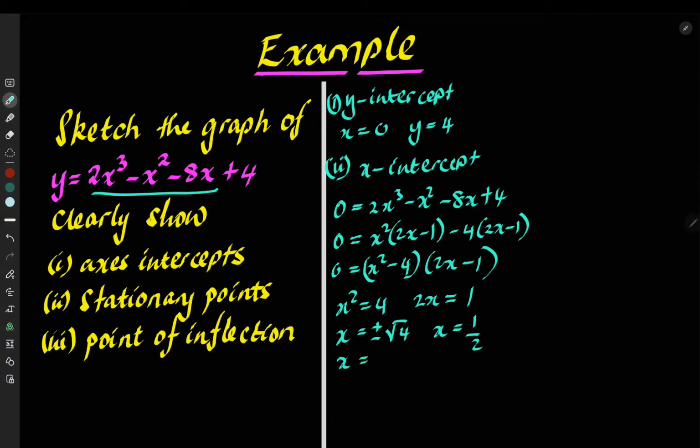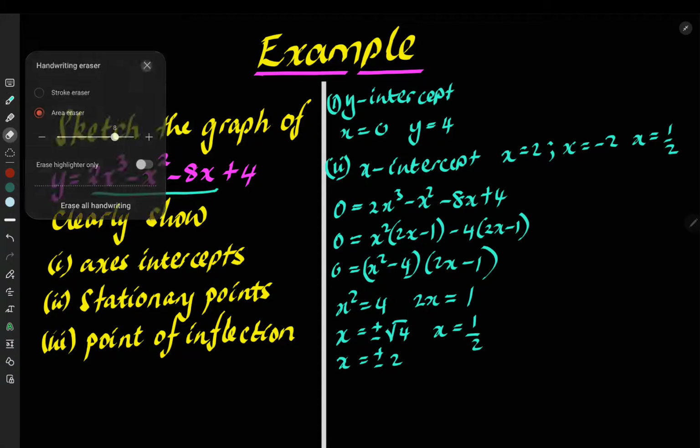So x is plus or minus 2 and x is a half. Now we have our x-intercepts: x equals 2, x equals negative 2, and x equals a half.